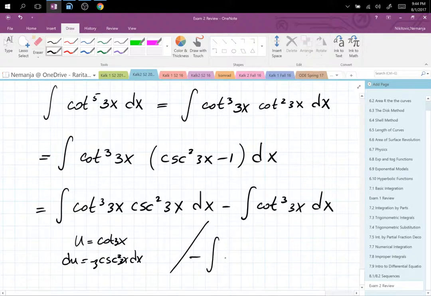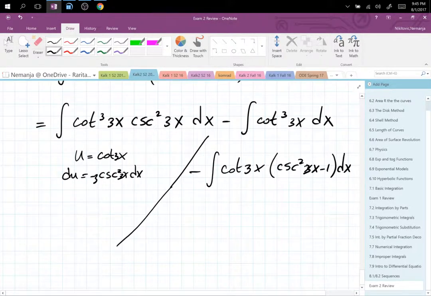So you have cotangent 3x times another one of these, cosecant squared 3x minus 1, dx.